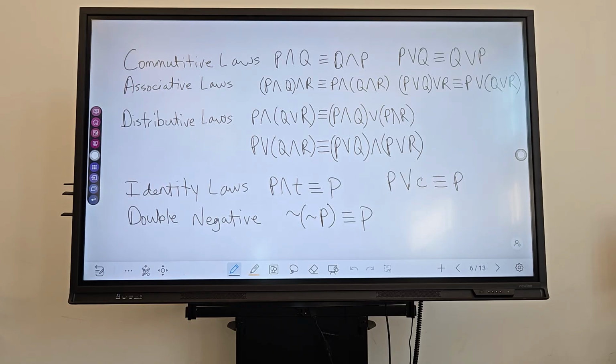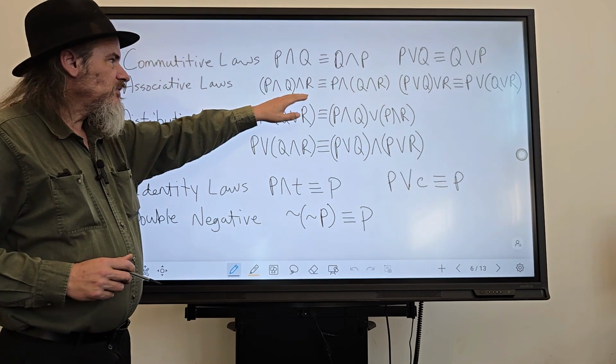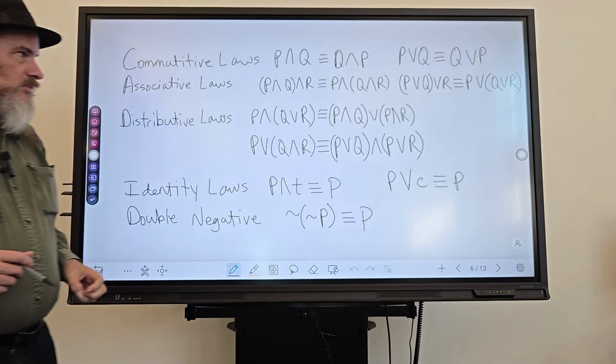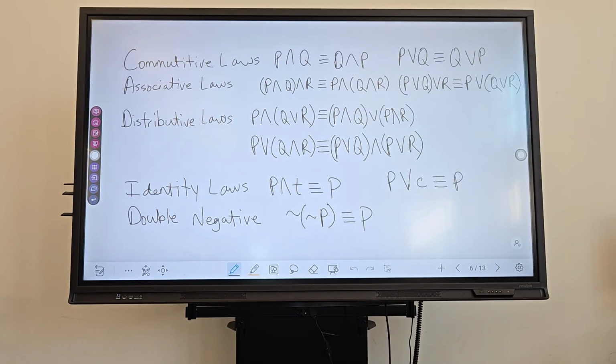Likewise, order doesn't matter with an OR operator. Associative laws, these two are kind of like algebra. How you put the parentheses around a sequence of AND operations or OR operations doesn't matter.